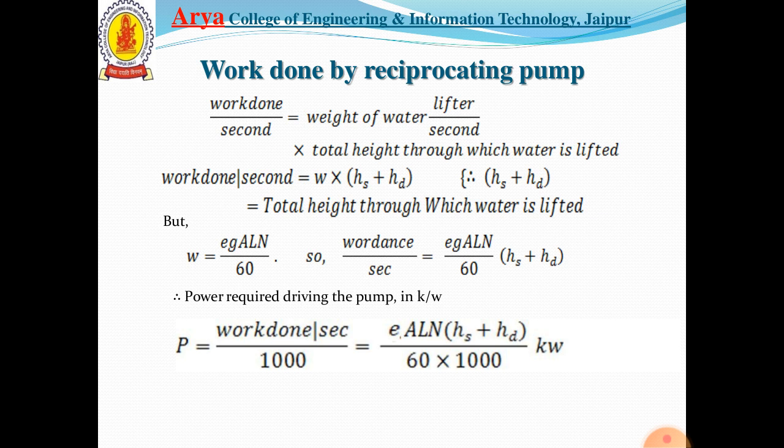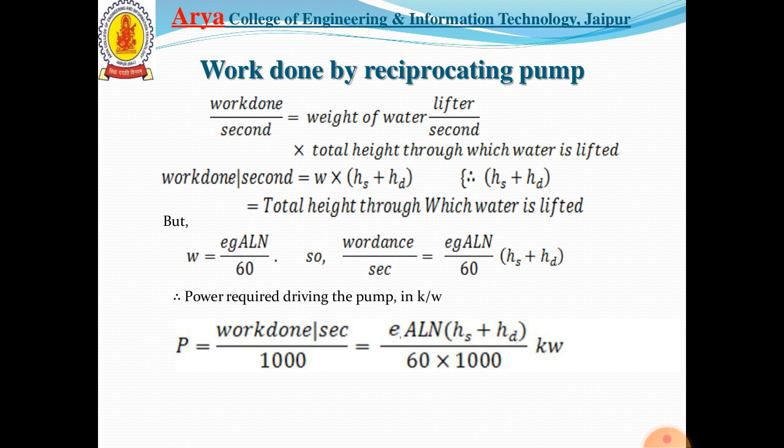Work done by the reciprocating pump. Work done per second is equal to the weight of the water lifted per second into the total height through which the water is lifted, that can be calculated as W into HS plus HD, where HS plus HD is the total height through which the water is lifted from the sump to the delivery pipe. But we know that W equals rho g ALN upon 60, which we have obtained in the previous equation.